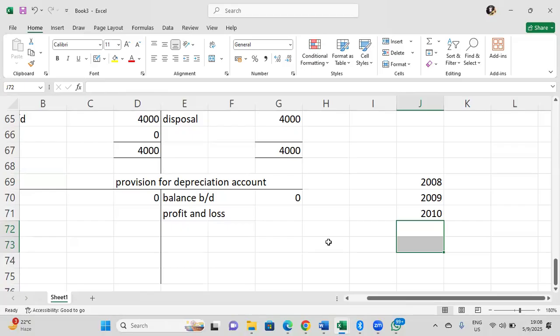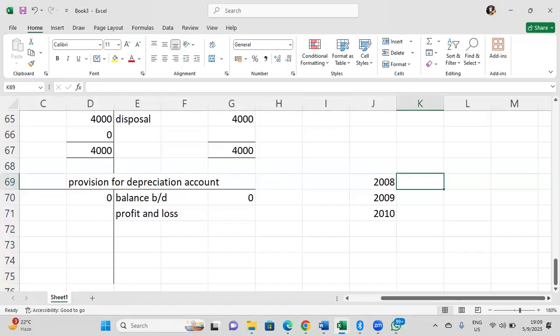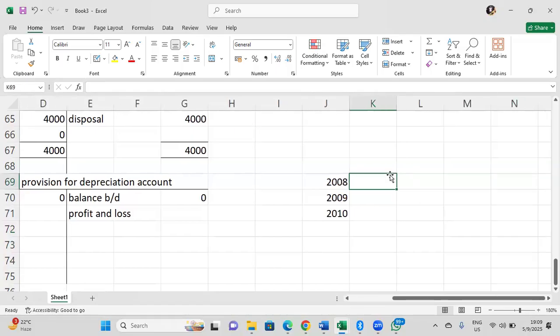We will do it this way for now, and then we'll also do it using the straight line so that you notice the difference. Let's start with calculating the depreciation.